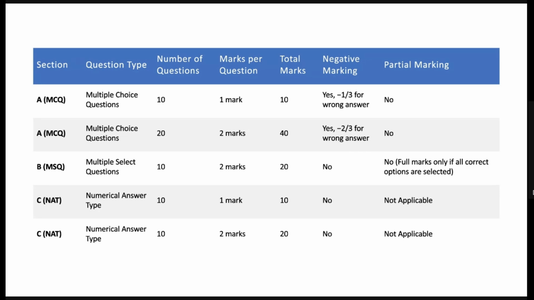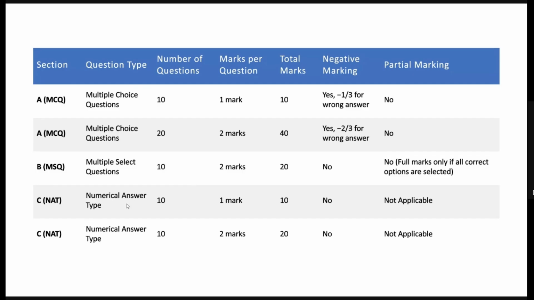So part B is easier than part A because you don't have any negative marking here, but you should also keep in mind that you have to select every possible correct answer.